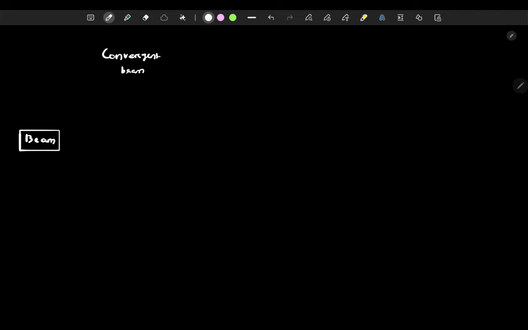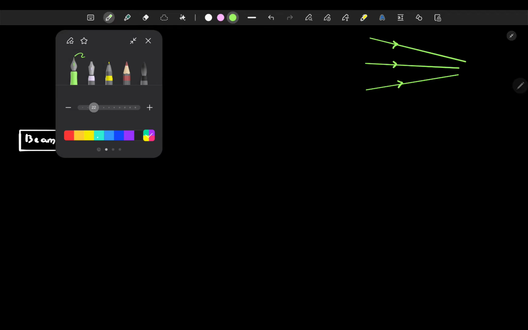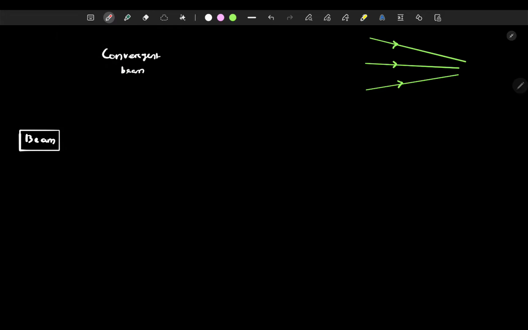First draw the diagram. What is the meaning of convergent beam? Listen. This is the figure of convergent beam of light. So what you are observing? In this figure, the red color line represents the width of the beam. Width of the beam decreases along the direction of propagation of light.